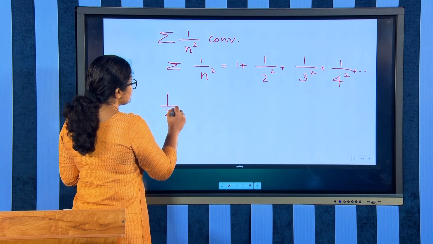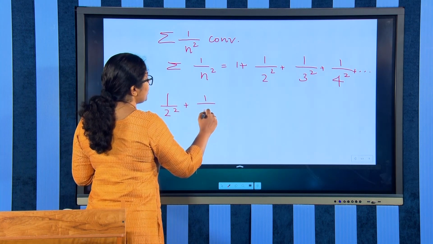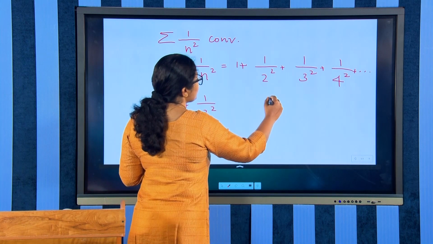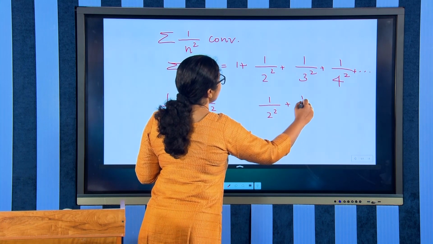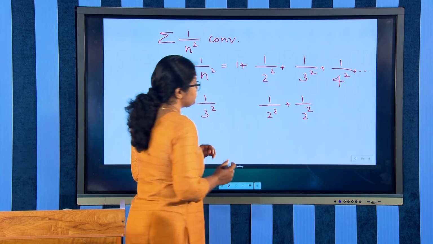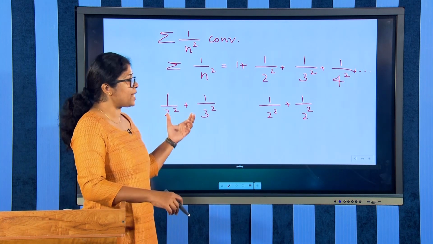The two terms 1 upon 2 square and 1 upon 3 square are replaced by the terms 1 upon 2 square and 1 upon 2 square itself. So, what happens to the LHS?